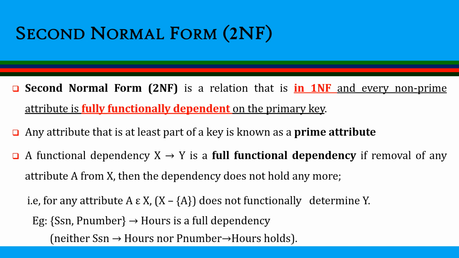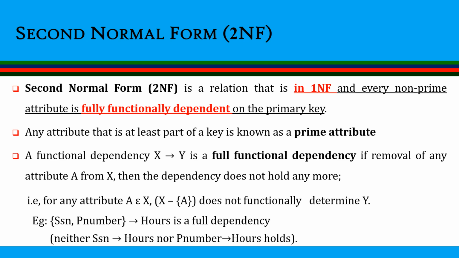So what do you mean by fully functionally dependent? A functional dependency X implies Y is said to be fully functionally dependent if removal of any attribute A from X means the dependency does not hold anymore. That means if you remove any attribute from the determinant side, then the dependency should not hold. For example, we have SSN comma P number implies hours.